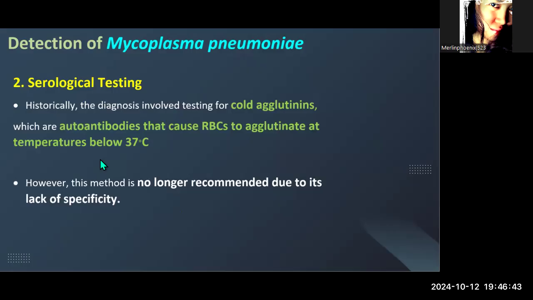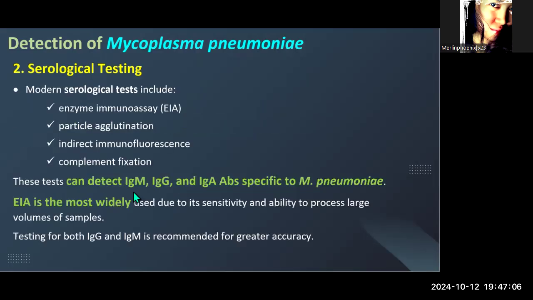Historically, diagnosis relied on testing for cold agglutinins, which are autoantibodies that cause RBCs to clump or agglutinate at temperatures below 37 degrees Celsius. However, this method is no longer recommended due to its lack of specificity.